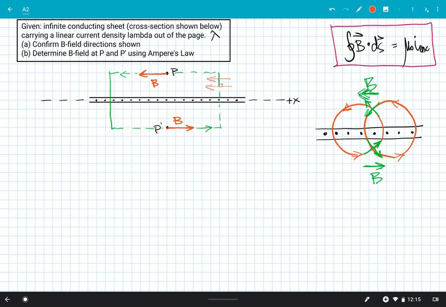So I've got 90 degrees between ds and B. Let's remember that it's ds that we're talking about along our integration path. So I've got zero angle between ds and B along the top and bottom sides, and then I have 90 degrees difference on the left and right, so no contribution at all there.